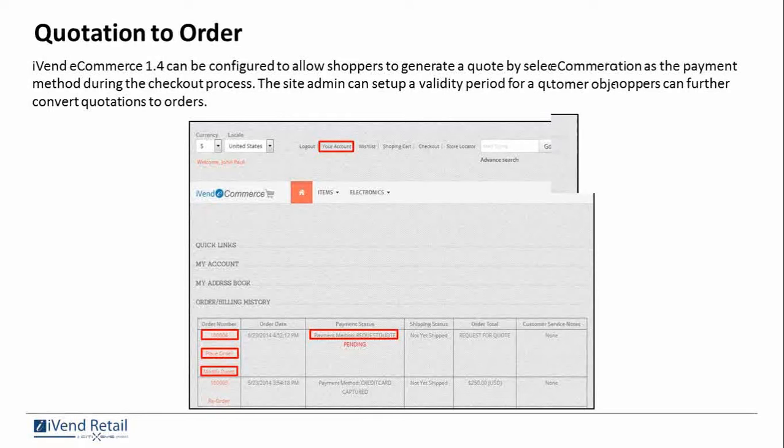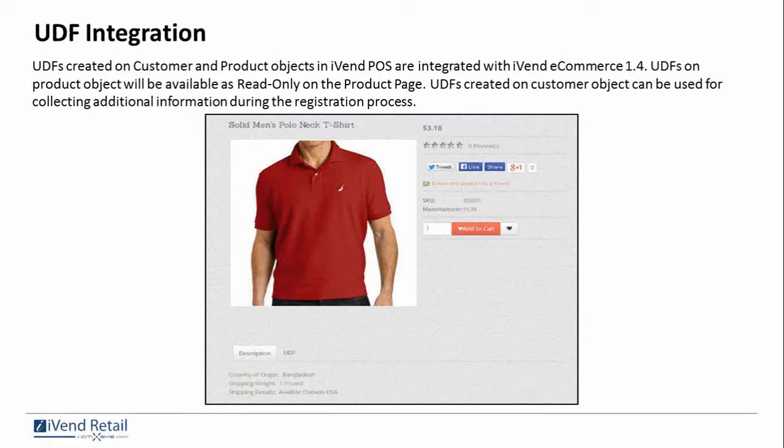In that case, how will it appear? It will appear as a tab of UDF, and this UDF description can be changed from the backend, and you have the field value with the field name, the description of the UDFs, and it is applicable to only two objects, that is customer and the product.